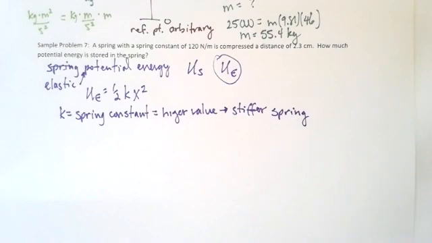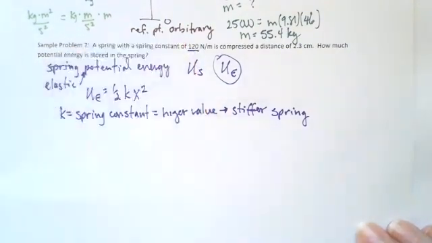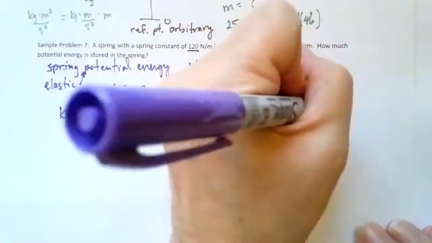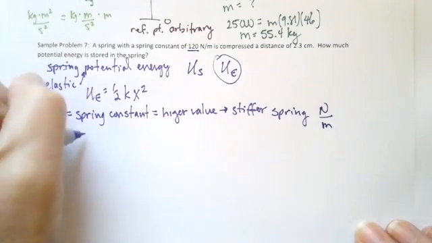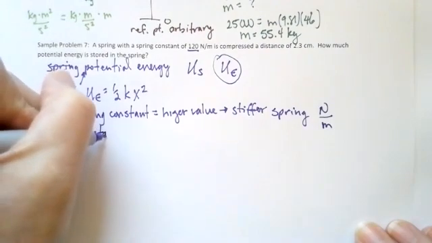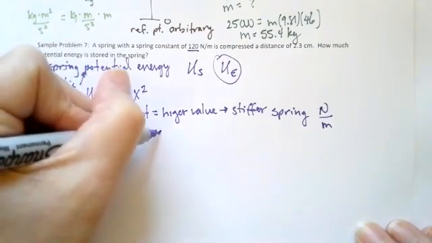So a spring that doesn't bend very easily might have a spring constant of 2 or 3,000. Now we're looking at a spring constant of 120, and the unit is a Newton over a meter. So it's a Newton per meter, not Newton times meter, a Newton divided by a meter. X is the distance the spring is compressed.